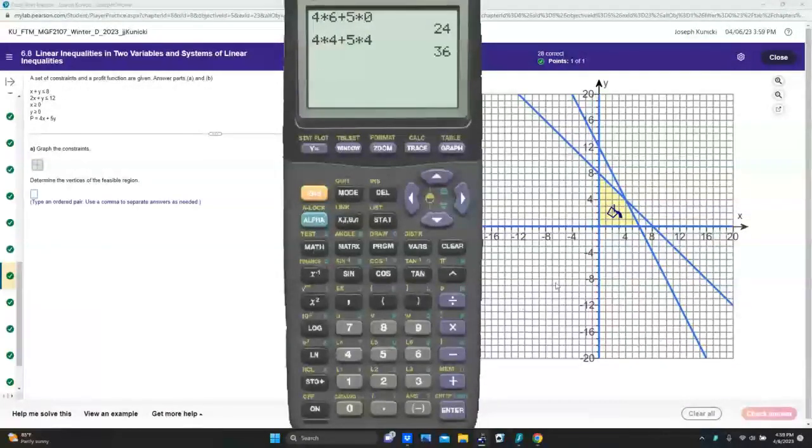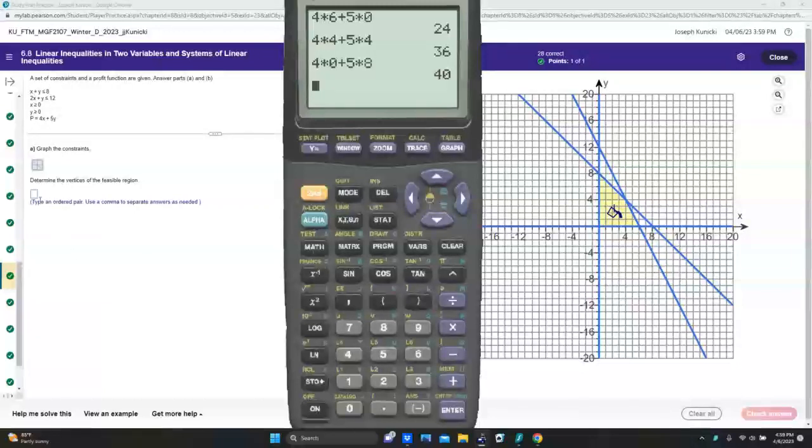And then the last one, x is 0, y is 8. When I hit second enter, we said x was 0 and y was 8. And it turns out that the third point is the maximum. Oh, I was way ahead of what they wanted. They wanted the corner points.